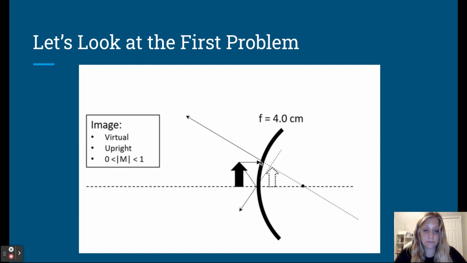Since these are on opposite sides of the mirror, it's going to hit the mirror and reflect back up. Then the second one goes down at an angle, hits the mirror, and goes back. Then we trace these rays through the focal point, and where they intersect should be where the image is.